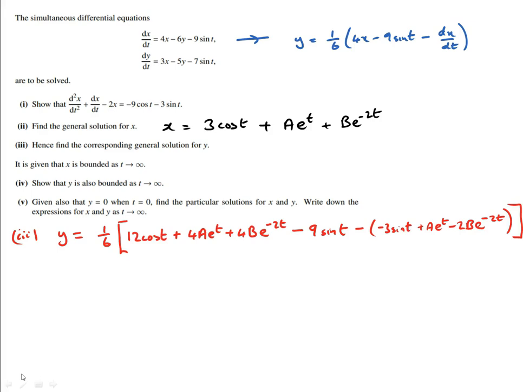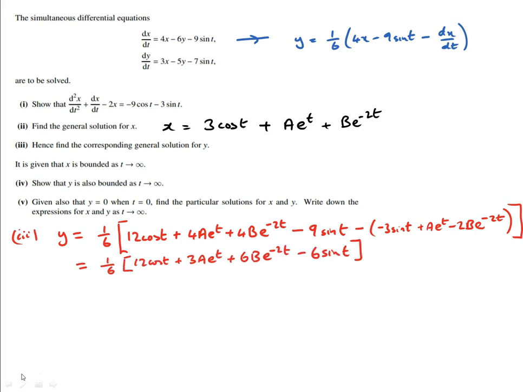So we've got y is 1/6 of 4x, so that's 12 cos t plus 4a e to the t plus 4b e to the minus 2t, take away 9 sin t, take away dx/dt. Well, dx/dt is minus 3 sin t plus a e to the t minus 2b e to the minus 2t.